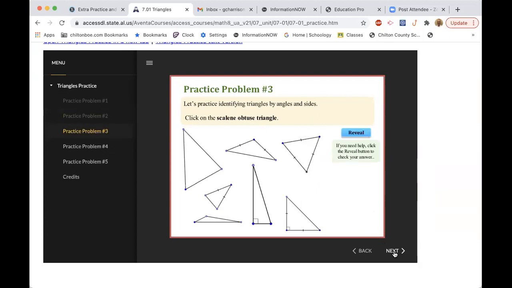Try number 3. Look for a scalene obtuse triangle. All right, isosceles, equilateral, isosceles, isosceles, right. It's got to be this one or this one, and this one definitely is obtuse.